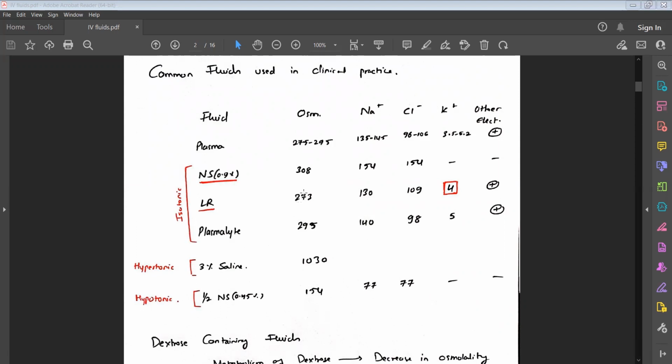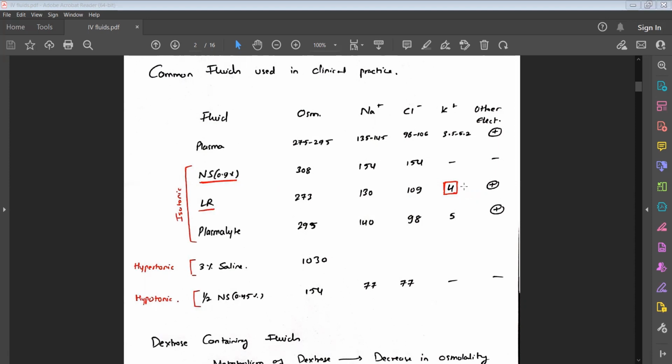Both of them are isotonic fluids. Normal saline has a little bit higher osmolality as compared to that of the plasma, and lactated ringers and plasmalite have almost similar osmolarity to that of the plasma. The difference between lactated ringers and normal saline is that normal saline has a much higher concentration of sodium and chloride as compared to that of the plasma, whereas that of lactated ringers and plasmalite is almost similar to that of the plasma.